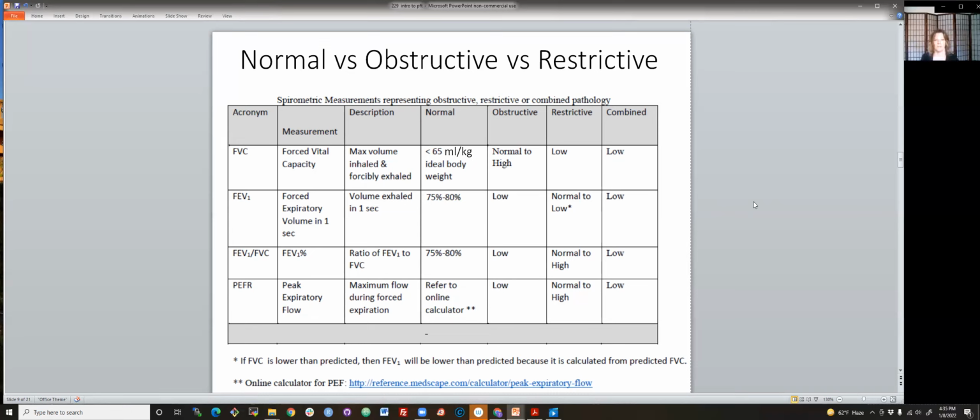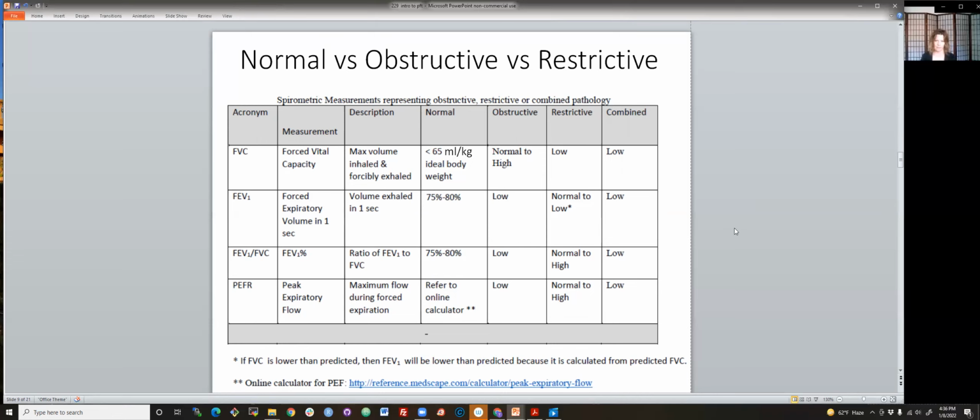Okay, so when somebody has an obstructive disorder, this forced vital capacity might be normal or high. Now, this is pure obstructive disorder. When somebody has a restrictive disorder, this forced vital capacity will be low. If they have a combined disorder, it will also be low. Now, FEV1 is forced expiratory volume in 1 second.